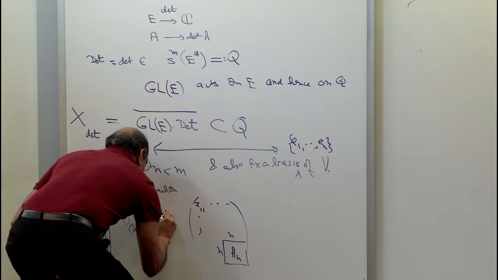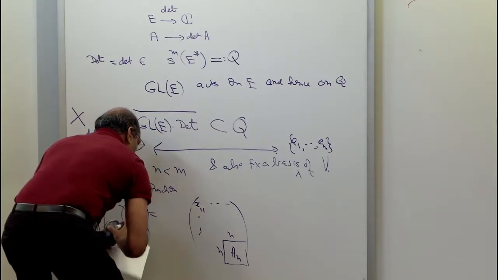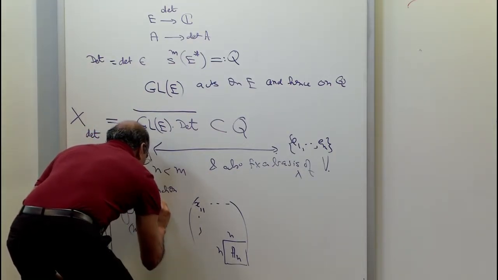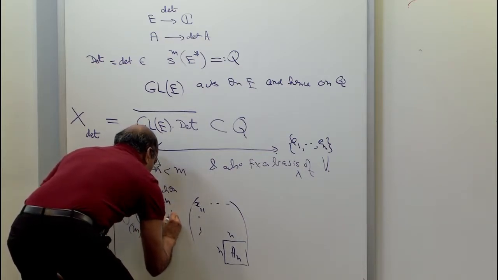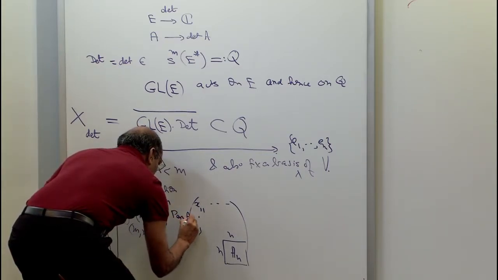So this is not the determinant. This is x11 to the power m minus n times the permanent of A_n.